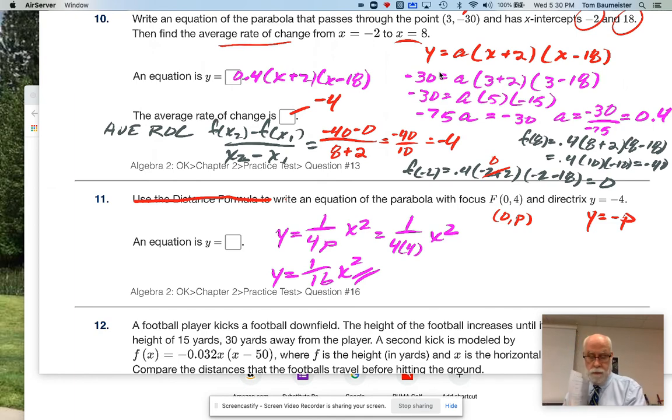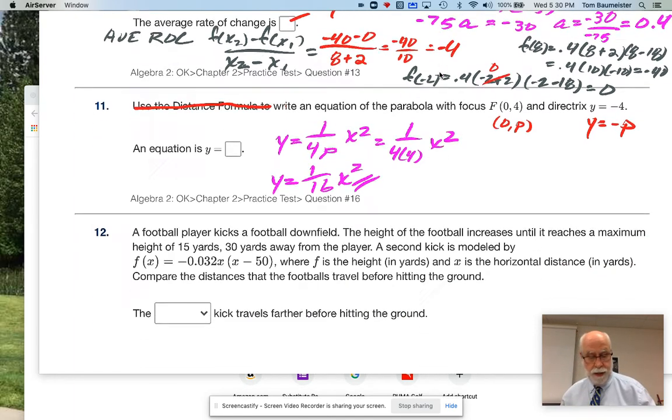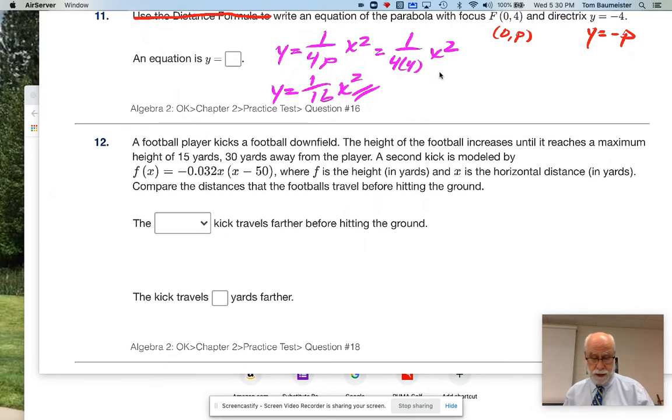Okay. So now on this one here, again, I told you it was just a wordy problem that was pretty simple. So a football player kicks a football downfield. The height of the football increases until it reaches a maximum height of 15 yards, 30 yards away from the player.